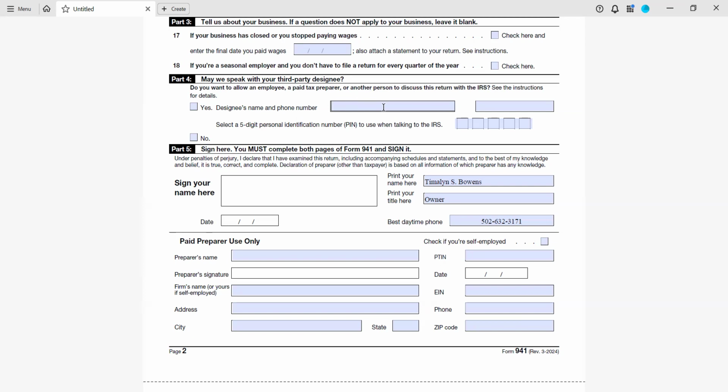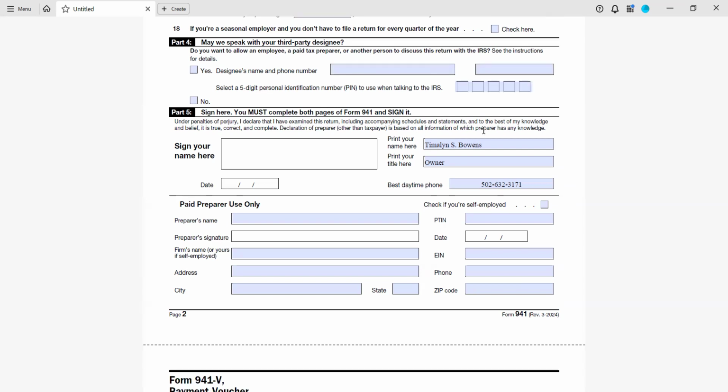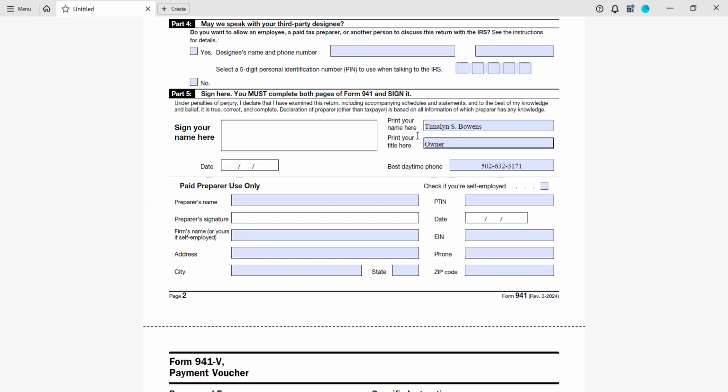Now, if you're a tax professional filling this out and you want the IRS to be able to talk to you about it, you would check this box and you put your name, phone number, and your PTIN. Okay?